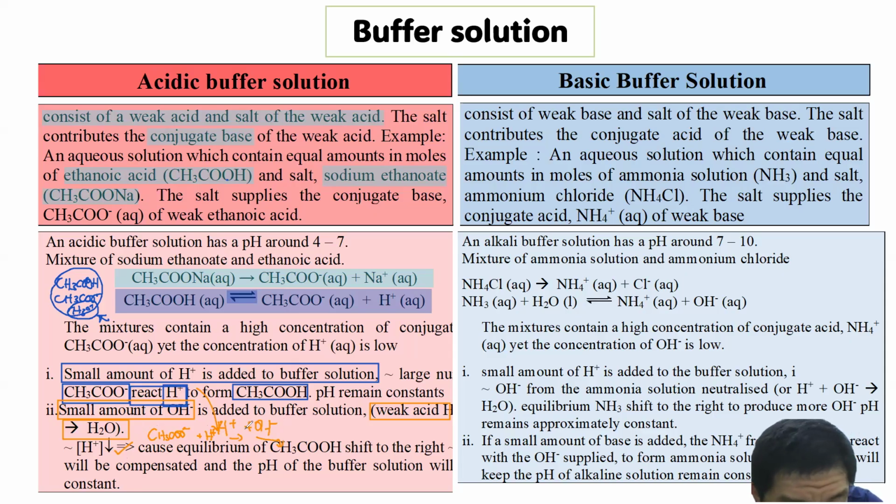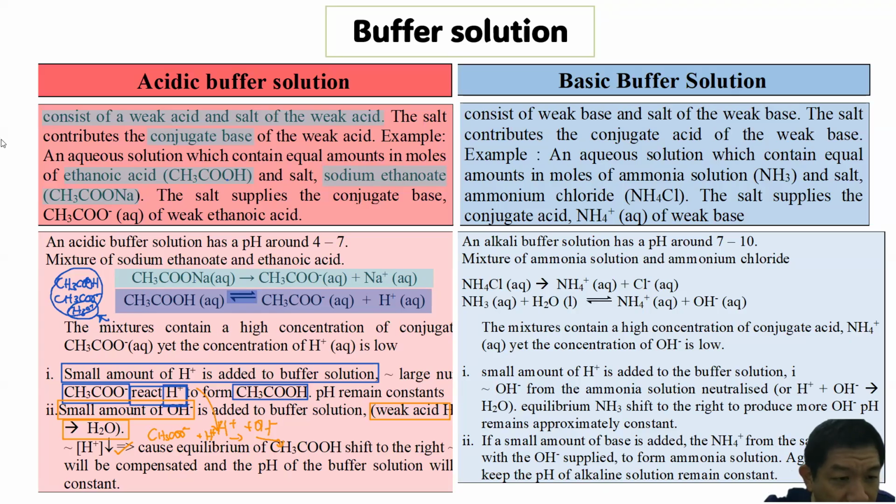As a result, when you add a little base to the buffer solution, there shall be no H plus lost throughout the way. That is how we explain the buffer solution here. So that is how acidic buffer solutions work.